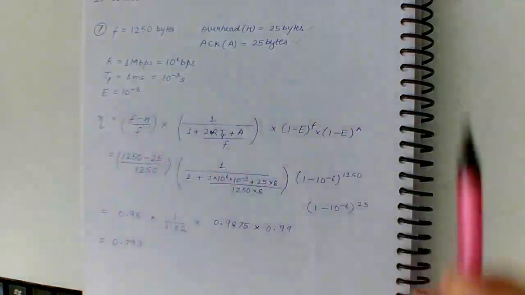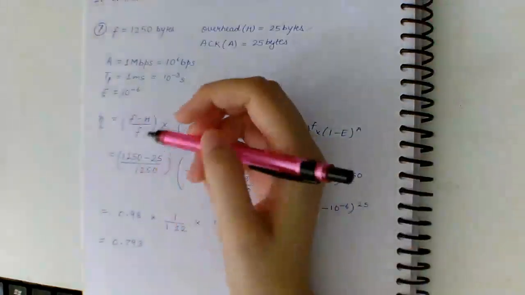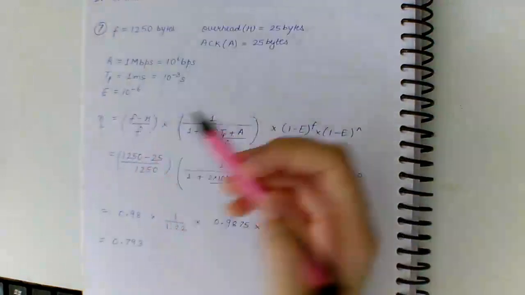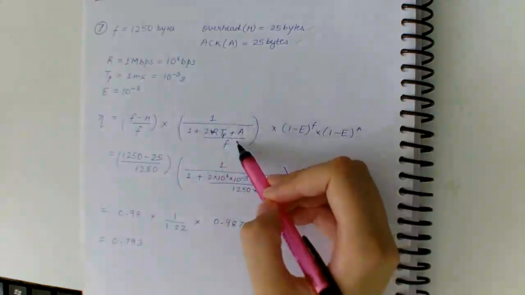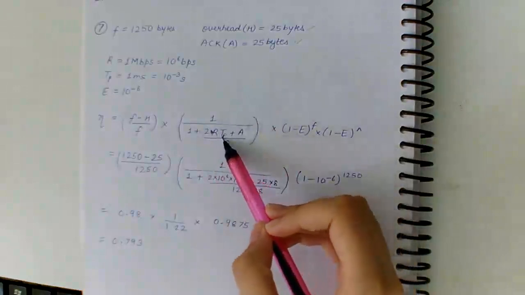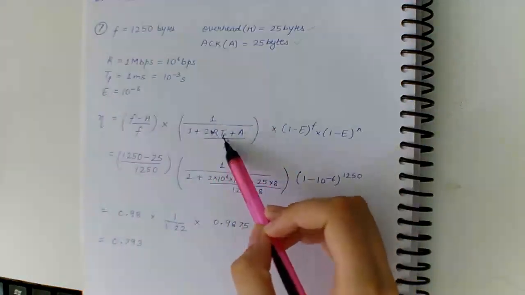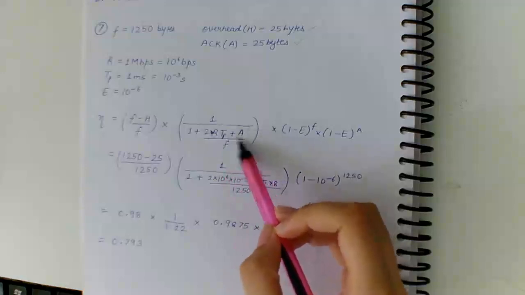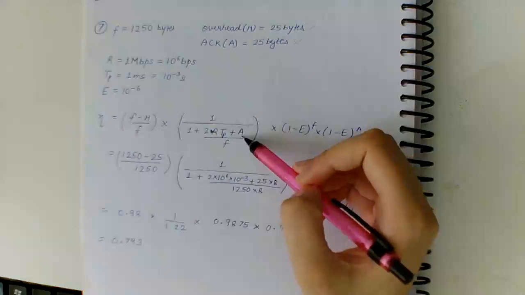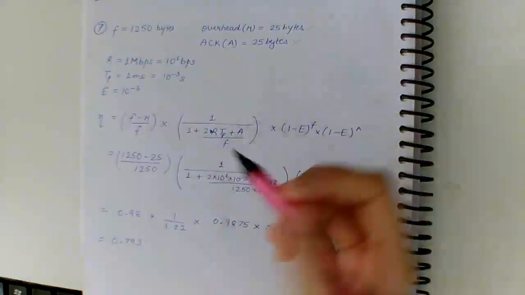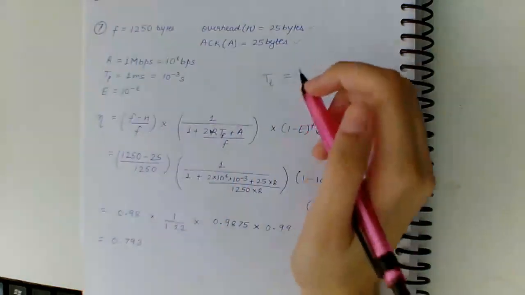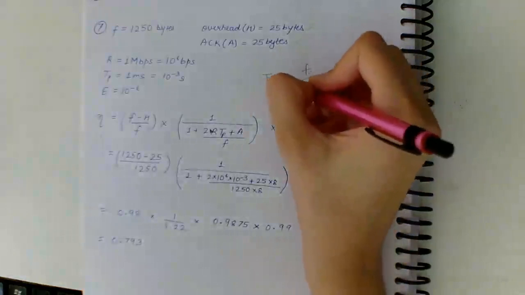So the formula for efficiency here is data divided by the total size of the frame, into 1 upon 1 plus 2a, where a is the ratio of propagation delay, 2 into propagation delay plus acknowledgement frame. As the acknowledgement frame is significant in this case, we have to take it into account, and the value of tt, that is transmission time, here is given by f by r.